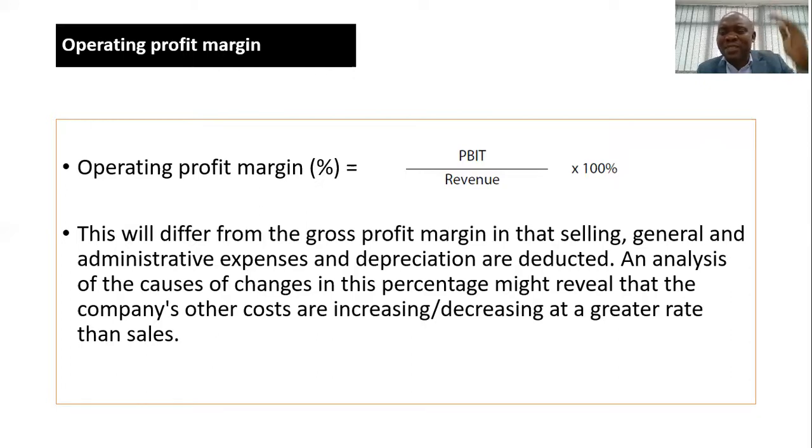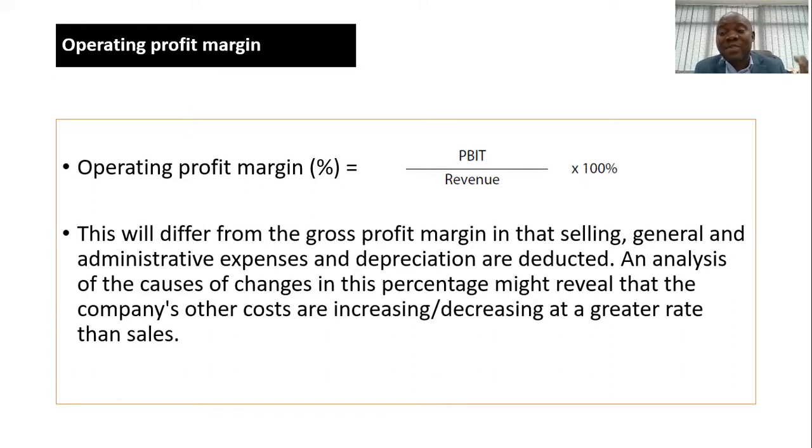Then you can have so much revenue, but your costs could even be above revenue. So it's not a number that you should actually use. It does not mean anything at all. So this ratio would differ fundamentally from the gross profit margin because then it includes things such as admin costs, selling and general expenses.